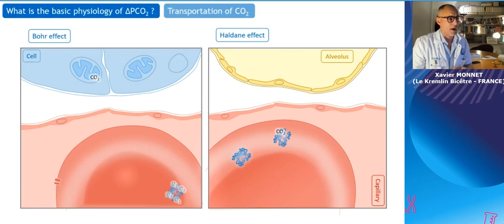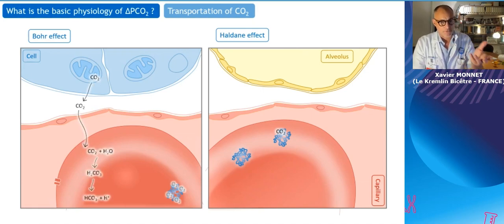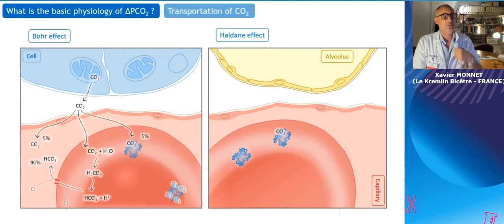CO2 is produced in the mitochondria, which diffuses toward the cell, toward the red blood cell, where it reacts with water. And this leads to the production of bicarbonates and an H+ ion. Bicarbonate diffuses out of the cell, and the major part of CO2 in blood is under the form of bicarbonates.